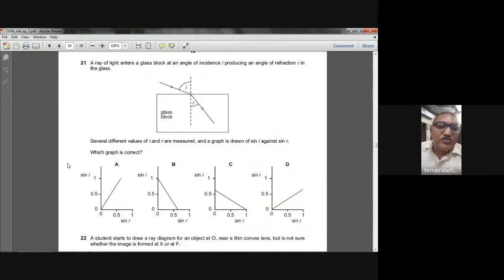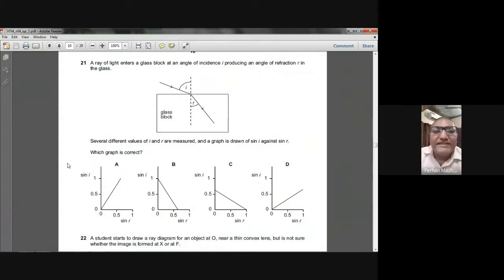Before you go into this question, if you can see the graphs here, on the y-axis we have taken sine I, and on the x-axis we have taken sine R. So the slope of these graphs will be sine I divided by sine R, which gives you the refractive index of this glass.